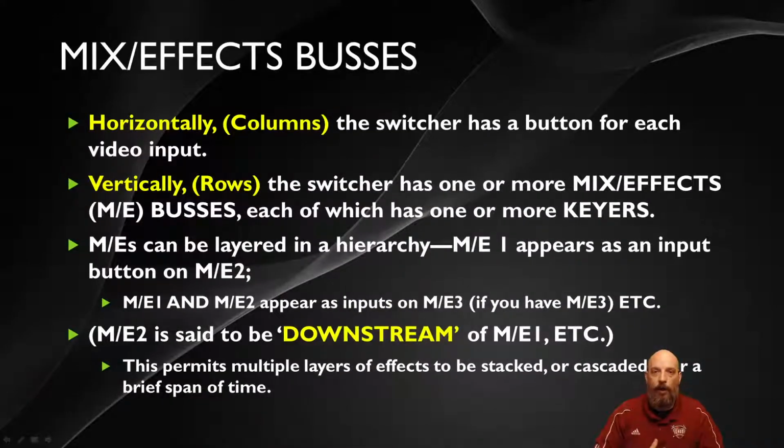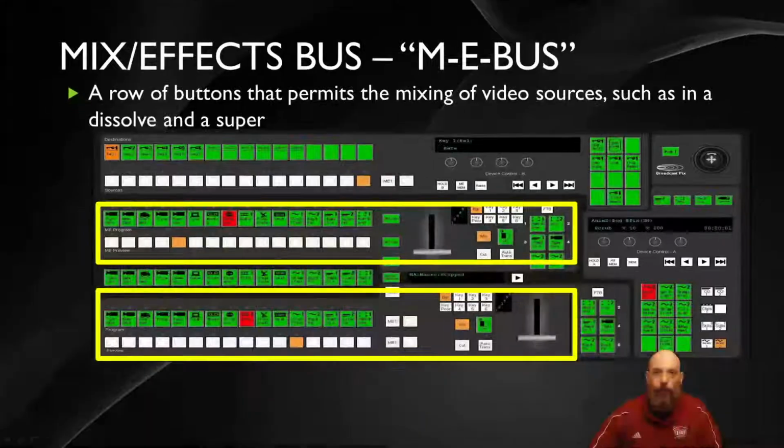So when we're dealing with a mix effects bus, each of those columns that you see in the switcher, and I'll go back for a moment, each of these columns is going to represent a specific video source. So for me, this first column is nothing but camera 1. So if I push it, I'll see camera 1 in this output.